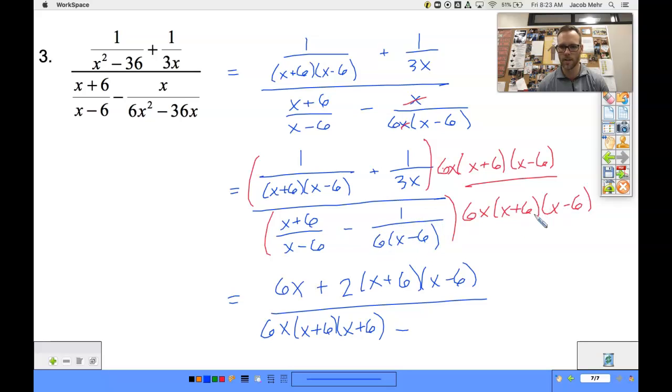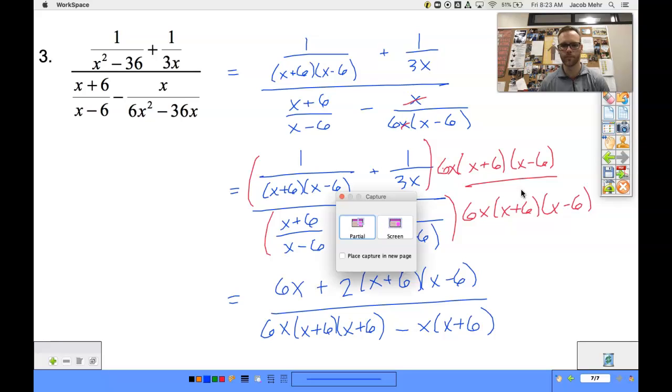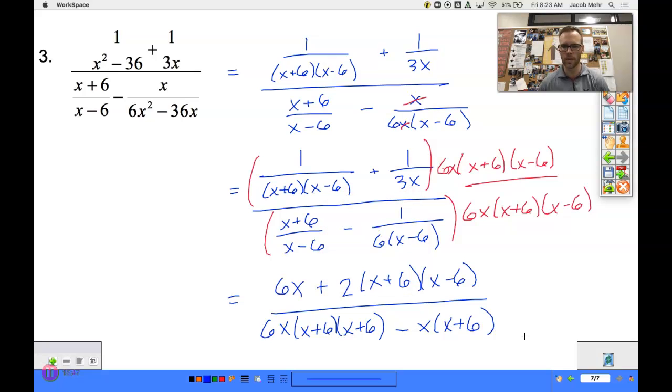The x minus 6's cancel. So what would be left after things cancel out? An x and an x plus 6. There we go. Okay. So I know that's a lot, but we can work through it. And the nice thing is when you multiply by the LCD over the LCD, it clears all these denominators out. Now it's just one fraction, no more fractions inside of a fraction. And now we just get to work on simplifying.